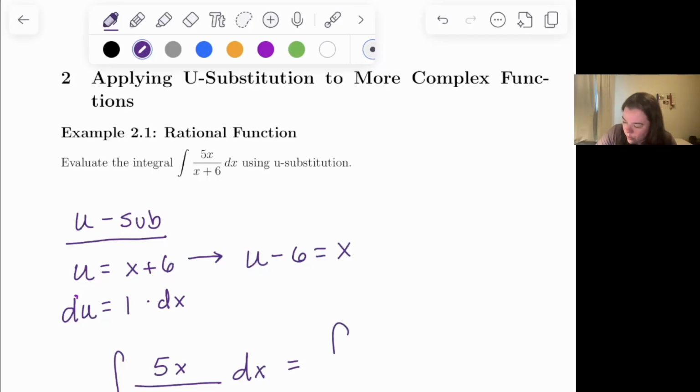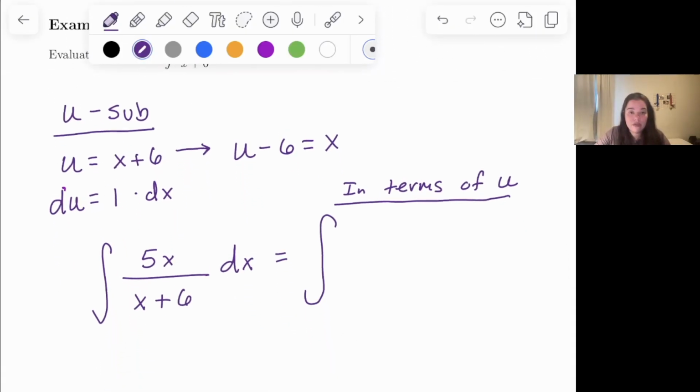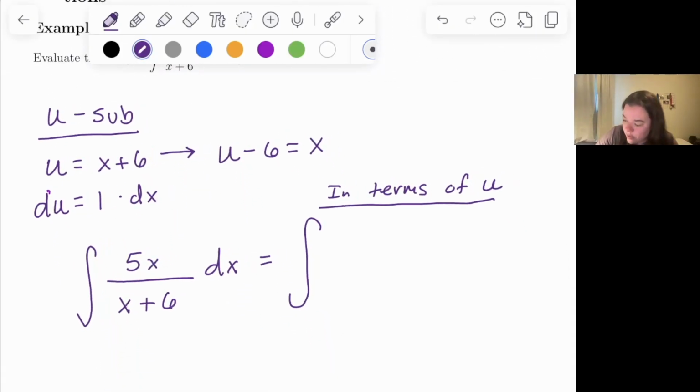So this will equal, in terms of u, when we transfer everything to u's, the 5 will stay on top. The x on top will get replaced by u minus 6. And then the x plus 6 in the denominator will get replaced by u. And the dx will get replaced by du.